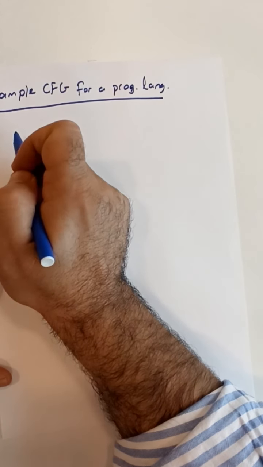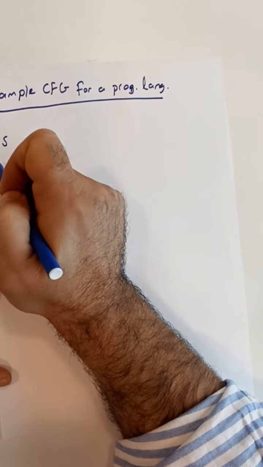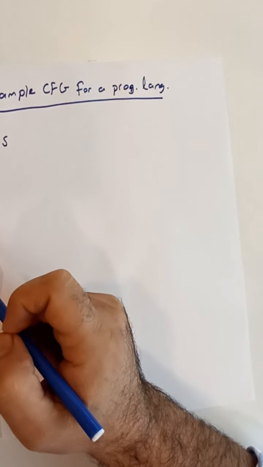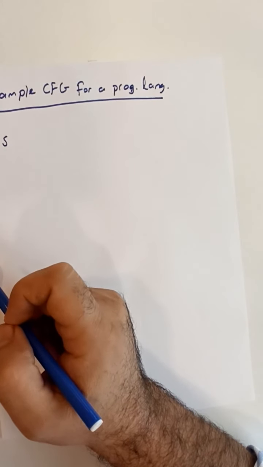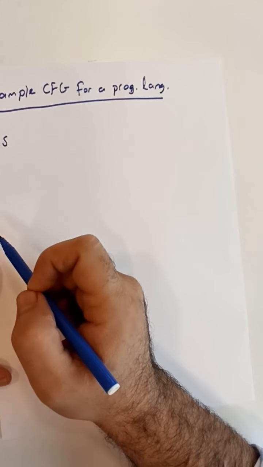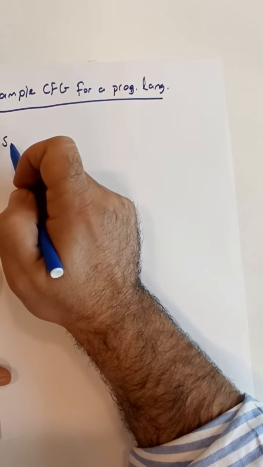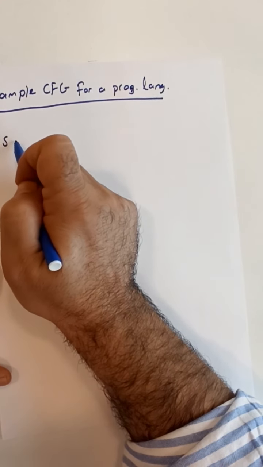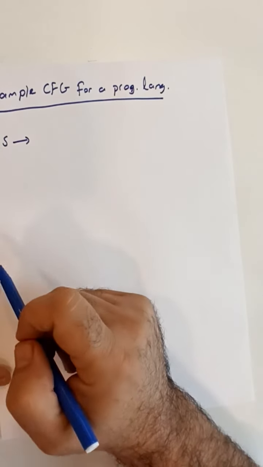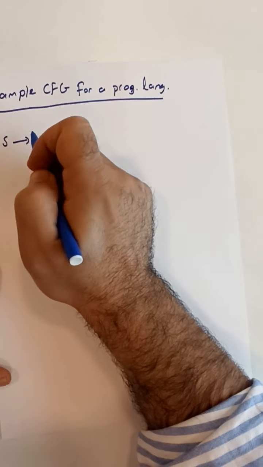So again, let's say we are trying to consider the portion as it applies to simple statements in a hypothetical programming language. S is our starting variable corresponding to a statement in a programming language. So we could have if statements, while statements, and so on. We will just write a couple of them.